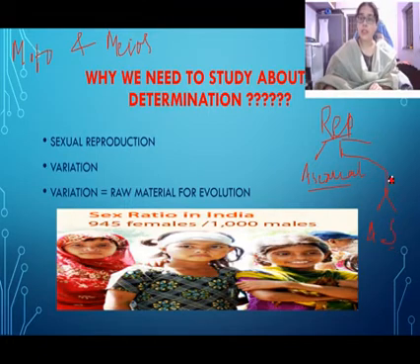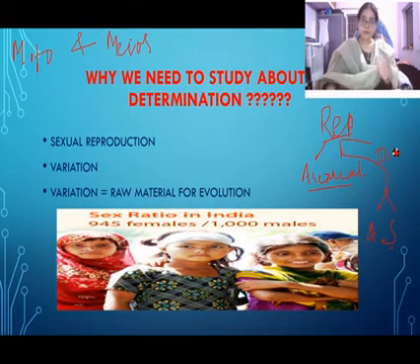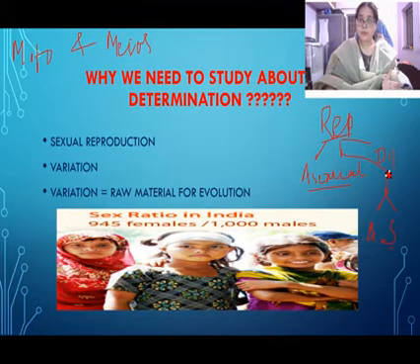Now about the diploid eukaryotes. We are the diploid eukaryotes. You know what diploid is. Diploid means having a complete set of chromosomes, and we are eukaryotes. So diploid eukaryotes reproduce by sexual mode of reproduction. This sexual mode of reproduction results into variation, and variation is the raw material for evolution.